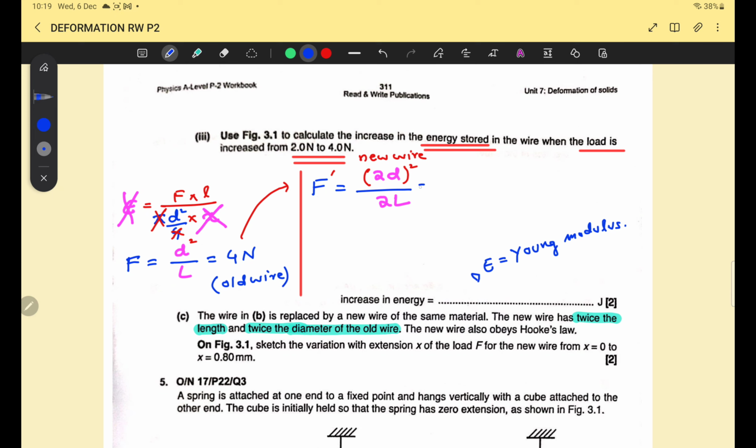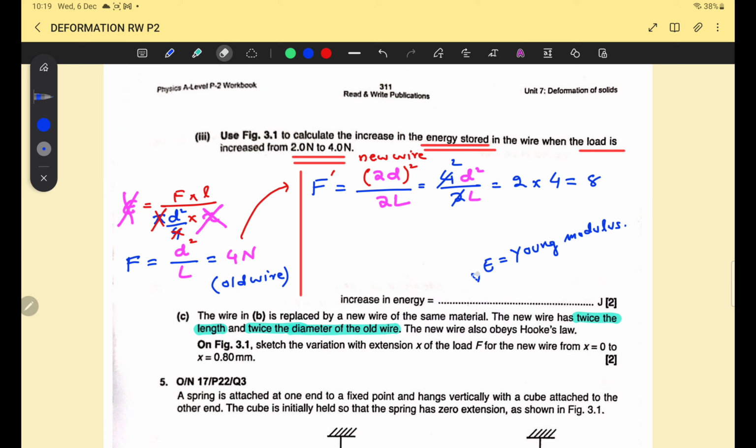Now if you simplify, it becomes 4d square upon 2L, and simplifying, 4 over 2 is 2. And this d square upon L is equal to 4 Newton. So if I replace d square upon L by 4 Newton, then 2 times 4 is 8.